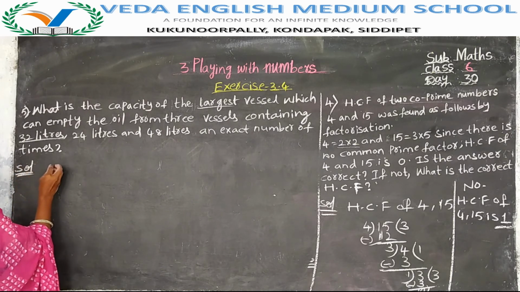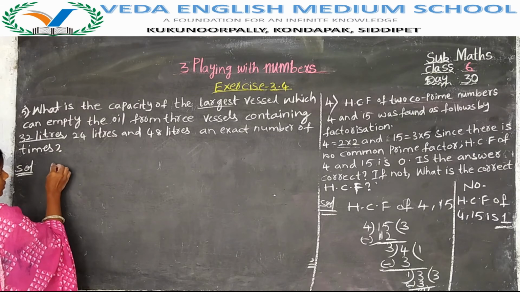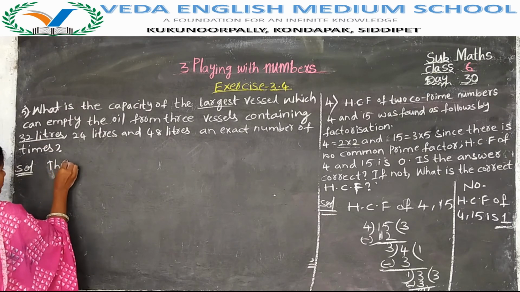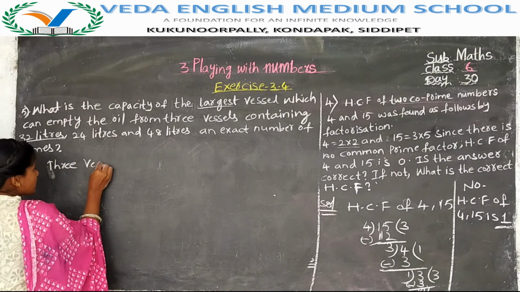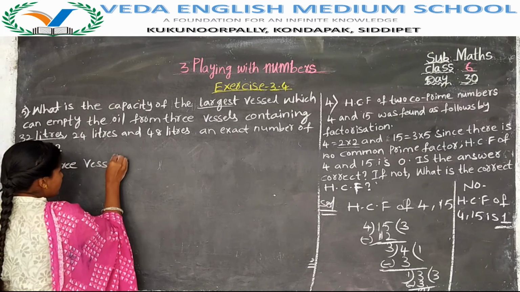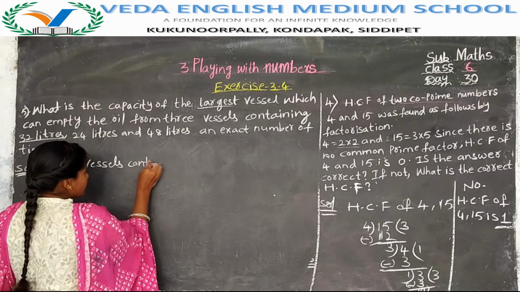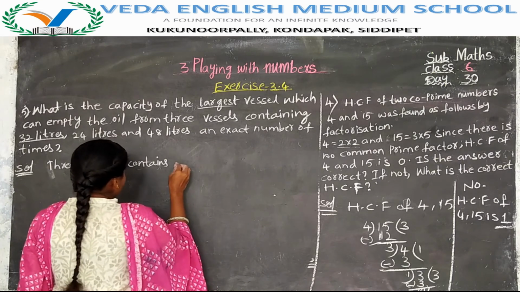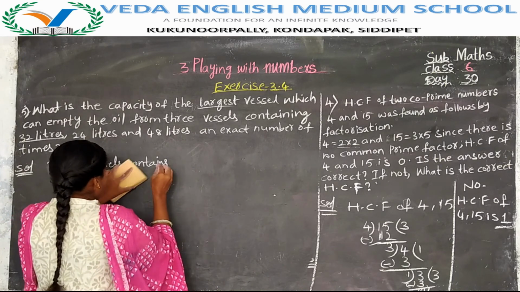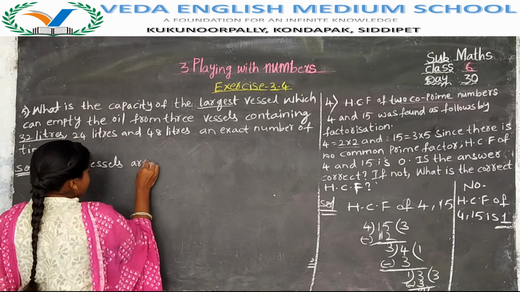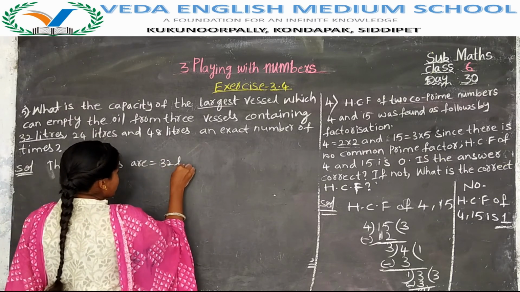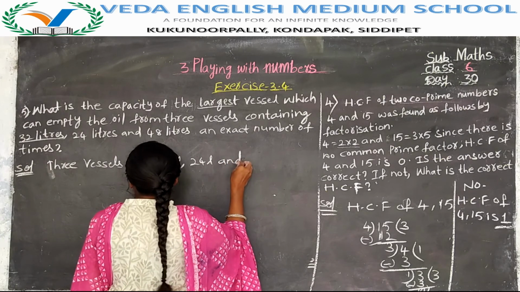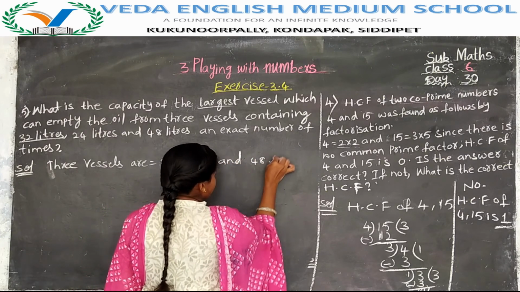Solution. Three vessels contain 32 liters, 24 liters and 48 liters.